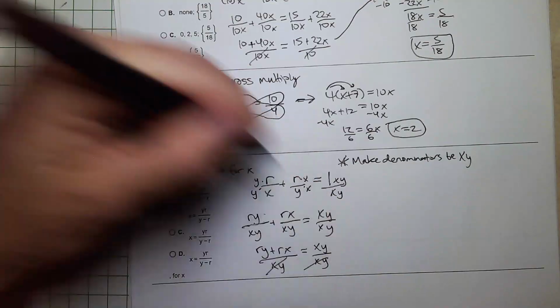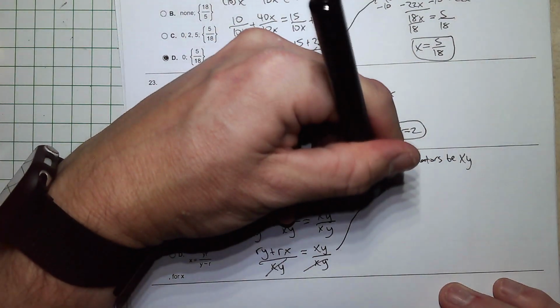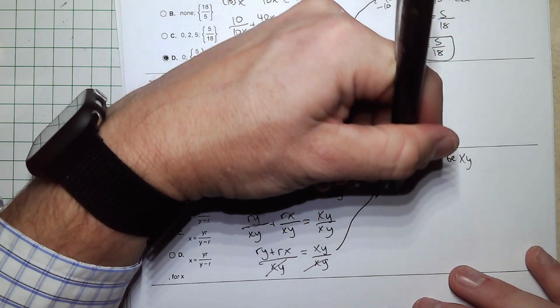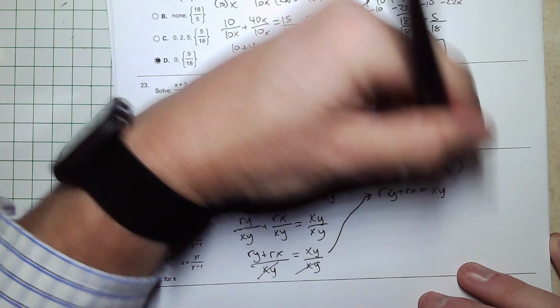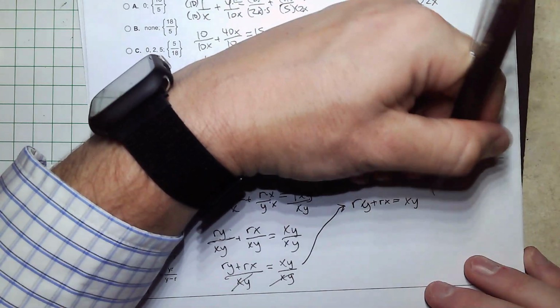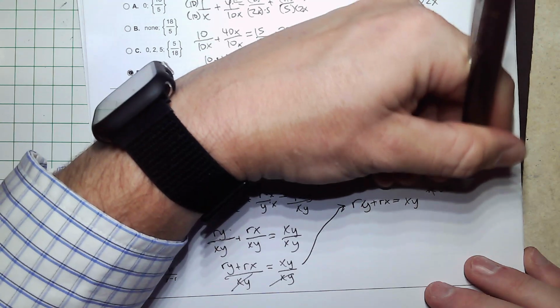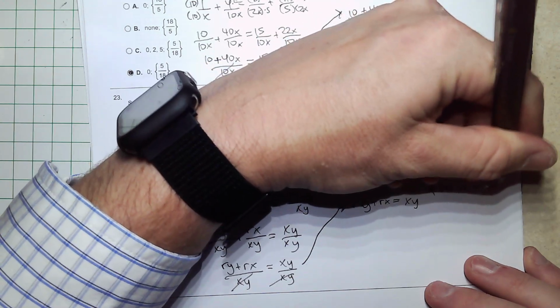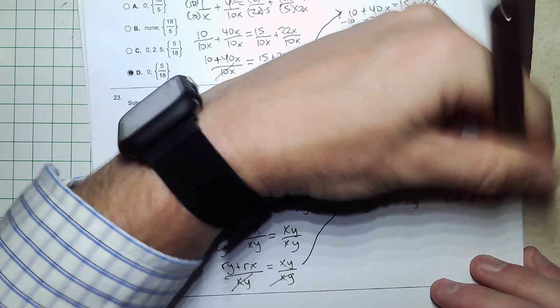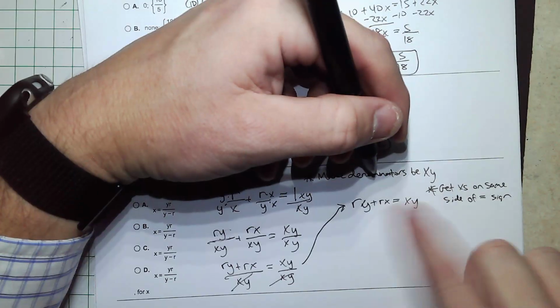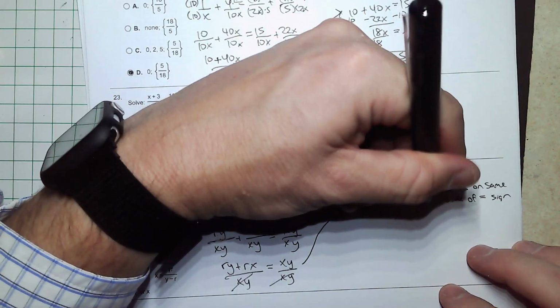Those cancel. So now ry plus rx equals xy. Now I want to get the x's on the same side of the equal sign. So I'm going to move this x over here by subtracting rx.